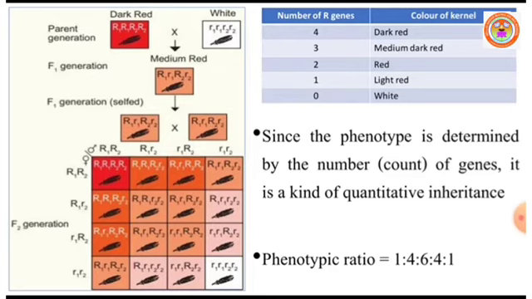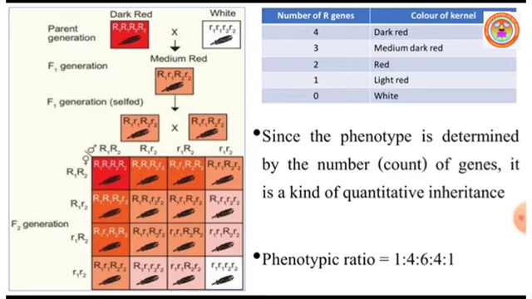If all of them are dominant alleles, capital R1 capital R1, capital R2 capital R2, that is four alleles, it is dark red. So the number of dominant R genes present in the F2 generation determines the color.